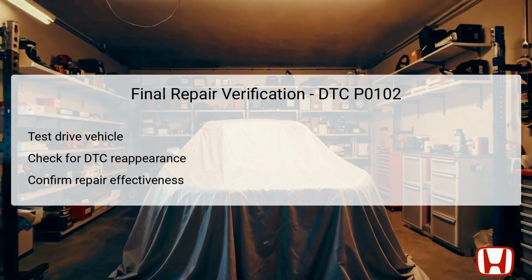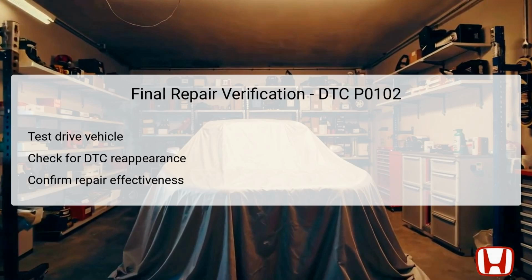After completing all troubleshooting and repairs for DTC P0102, the next step is to conduct a thorough test drive of the vehicle. This driving test is essential to ensure that any issues linked with the MAF sensor circuit have been resolved effectively. During the drive, observe the engine behavior, particularly noting any performance inconsistencies.